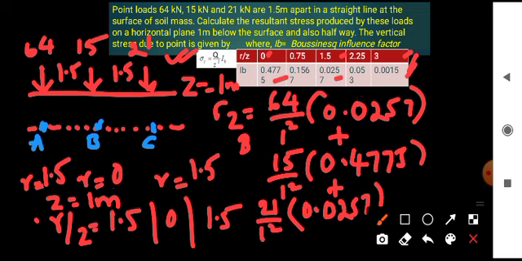So you refer this one: 64 divided by 1 square into 0.0257, because R by Z is equal to 1.5. Then plus 15 divided by 1 square into 0.4775, since R by Z is equal to 0 for this. Then 21 divided by 1 square into 0.0257, since R by Z value is equal to 1.5 again.